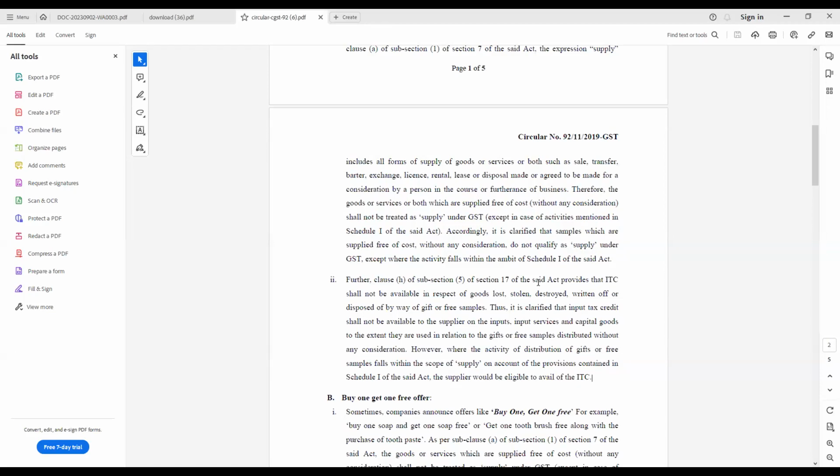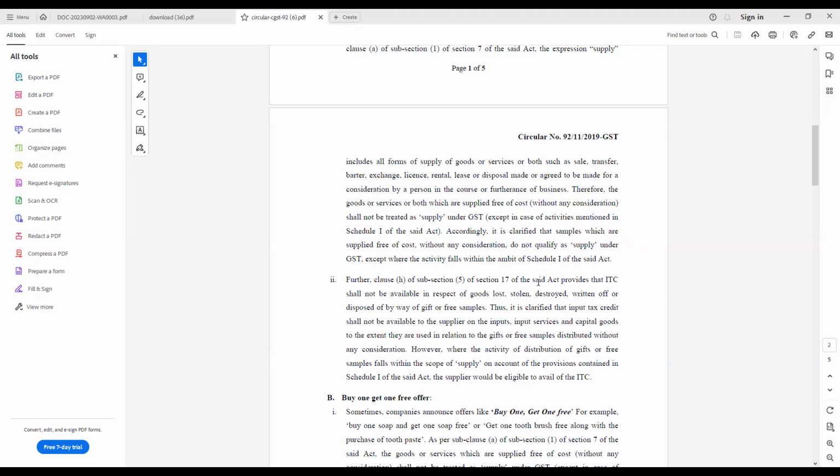No, in my opinion, if someone has purchased a raw material and then manufactured something and then they are giving it as a gift, in that case, Schedule 1, Para 1 would be applicable.